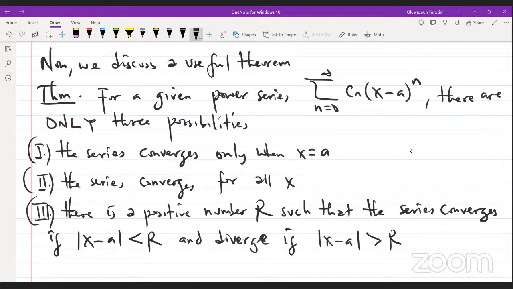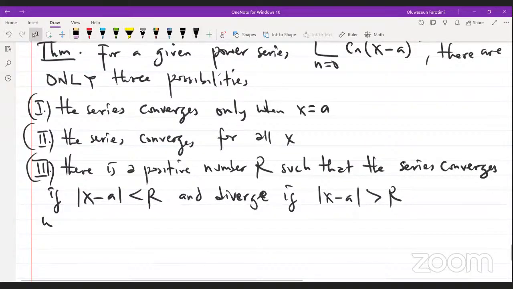This is a formal way of writing it, where R is the radius of convergence.